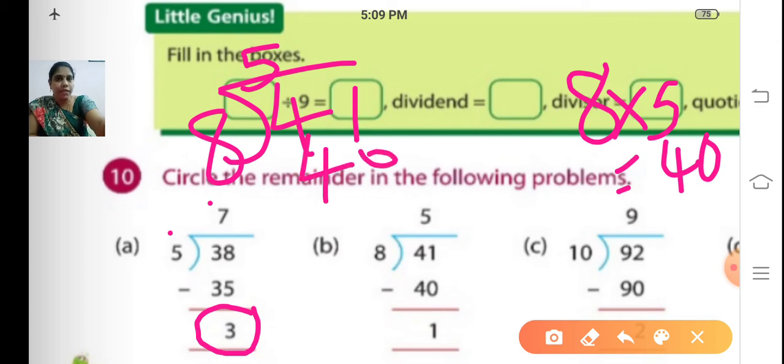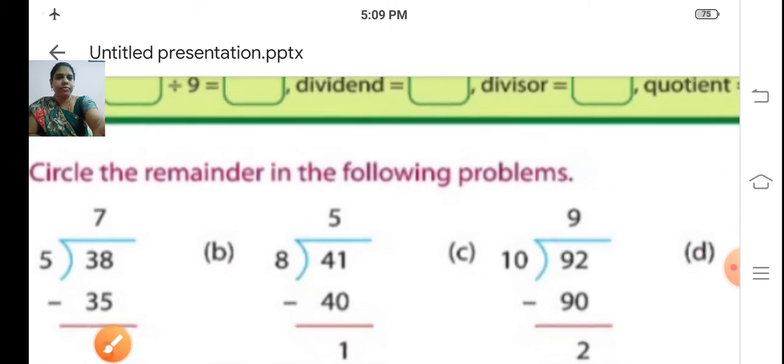Now subtract 41 minus 40. What number will we get? 1. Which one is the remainder? Yes, 1 is the remainder. Circle number 1. The number that is left over is called as remainder.